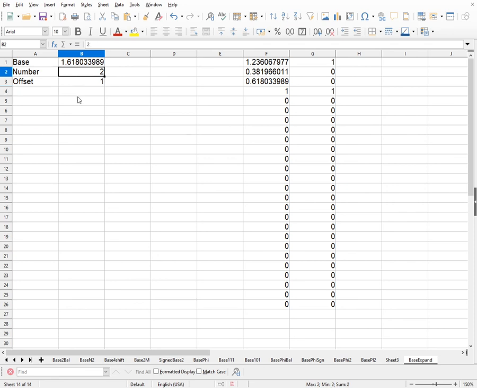Let's try 3 now. And I need to increase my offset now. So that's in the hundreds range. So it's 100.01. And again, it stops. Let's try 4.